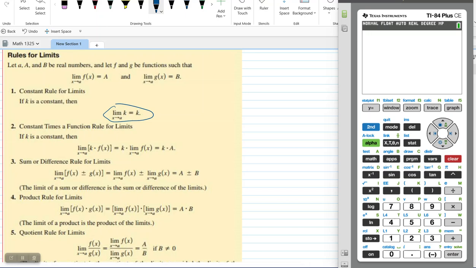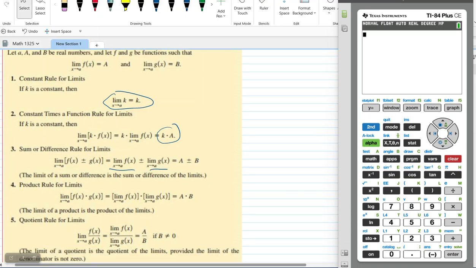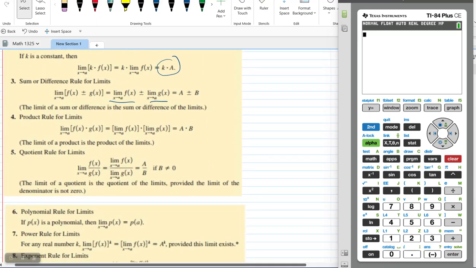And the constant multiple rule is that we have a constant in front of the variable, so it is whatever the k times the outcome of the input of small a into it. The difference, that means you can take them in pieces and still come up with the limit. The product, that means that we can take their individual limits and then multiply them at the end.